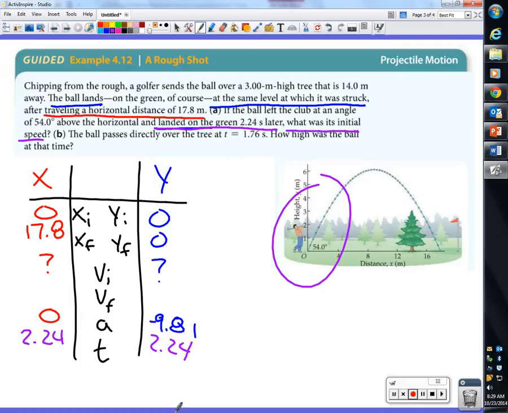Christina, to build on that, if we didn't know the time, if they didn't give it to us in the problem, we could solve for time using any one of the equations that we have used so far, and that would give us the time for horizontal and vertical. So keep that in mind, that if we can find time in any one of those equations that we've used up until this point, that will give us the time in any of the other equations, because it always has to be the same.